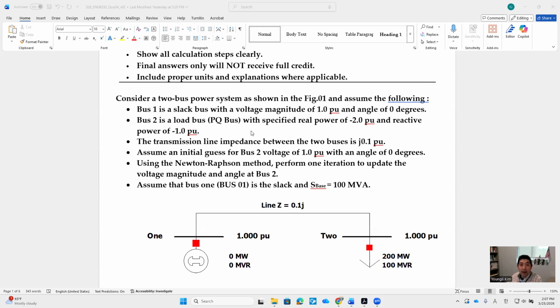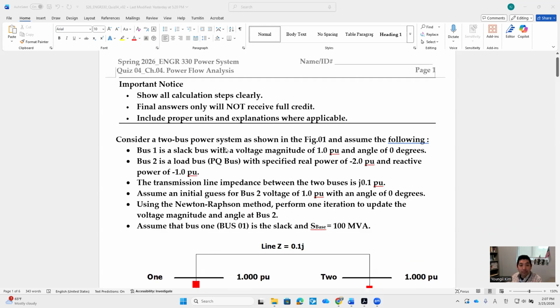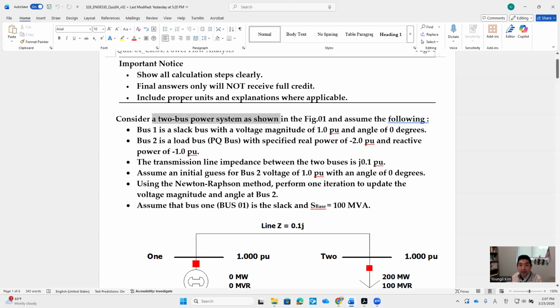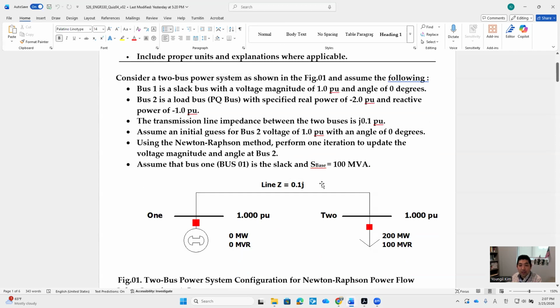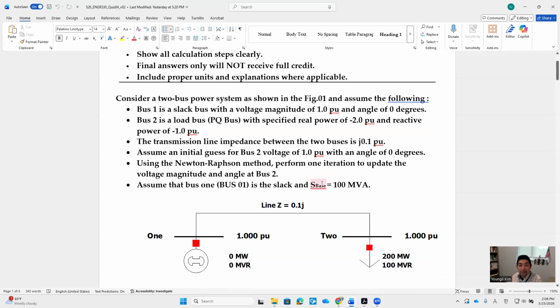So, this is the quiz: consider the two-bus power system shown in this figure. It's really similar, but not the same, because I changed the initial voltage and angle at the second bus.